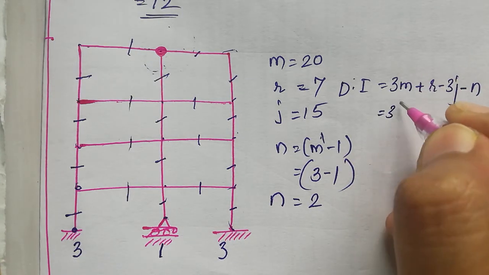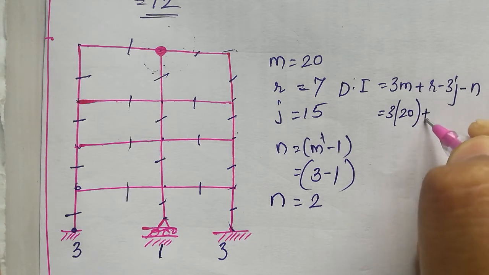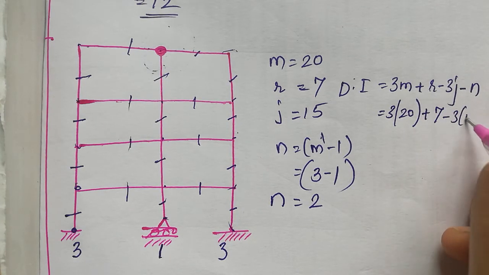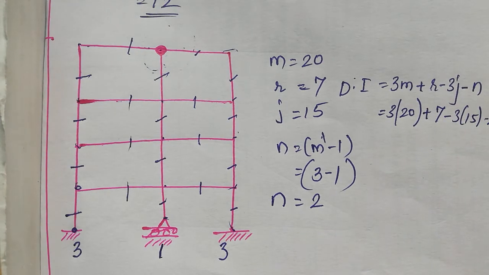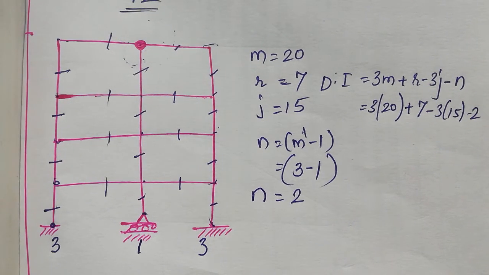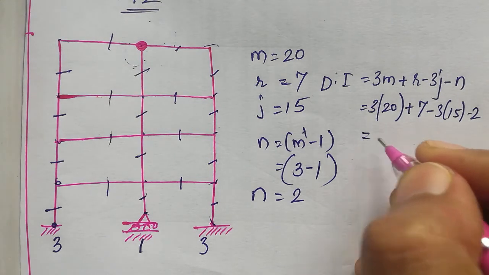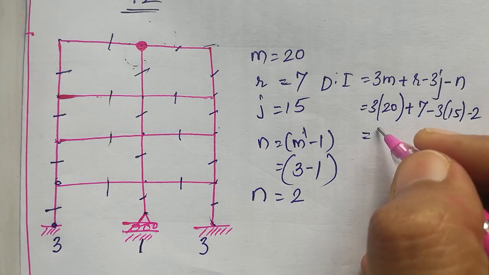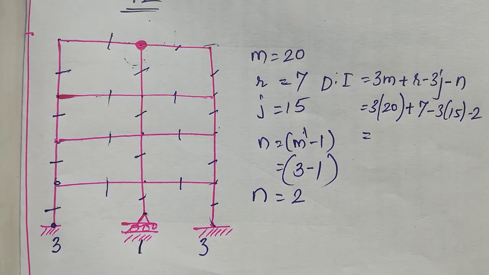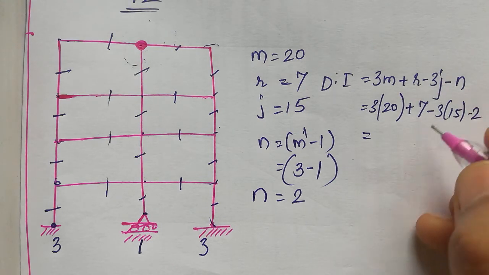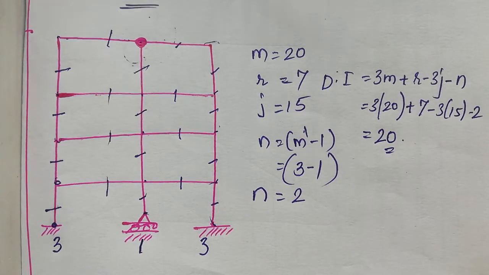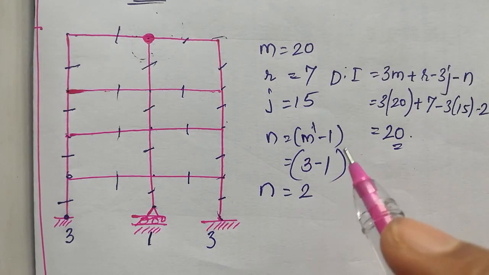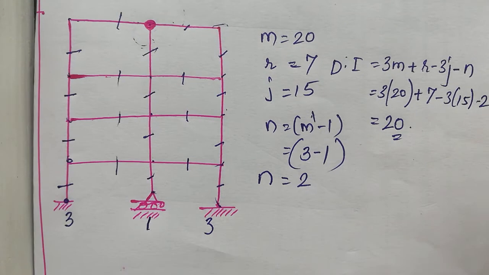So this is 3 into 20 plus 7 minus 3 into 15 minus 2. So you will get the answer as 20. The degree of indeterminacy is 20.